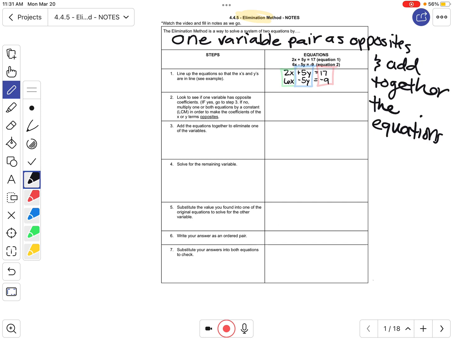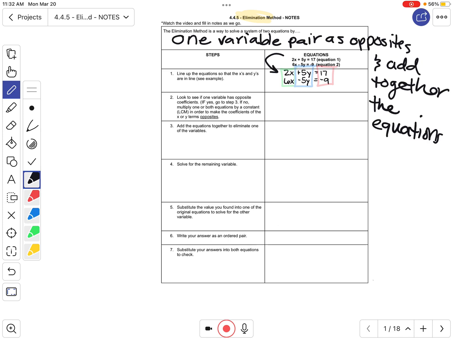So, step 1 says, line up the equations so that the x's and the y's are in line. And you can see that I've color-coded both equations from the top, and really they are already in line. I've got x's first, then y's, then my equal sign, and then my constants. So these are in the correct order.